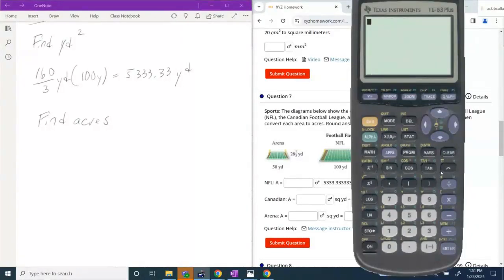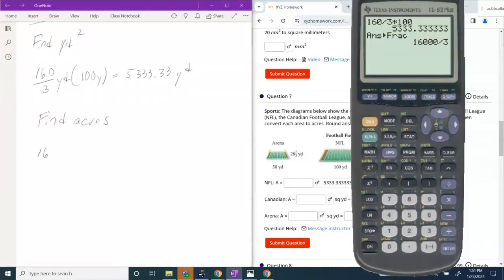All right, so 160 divided by 3 times 100. In order to convert to a fraction, I hit math. The first option says it'll take what is given and attempt to convert it to a fraction. So I get 16,000 divided by 3.